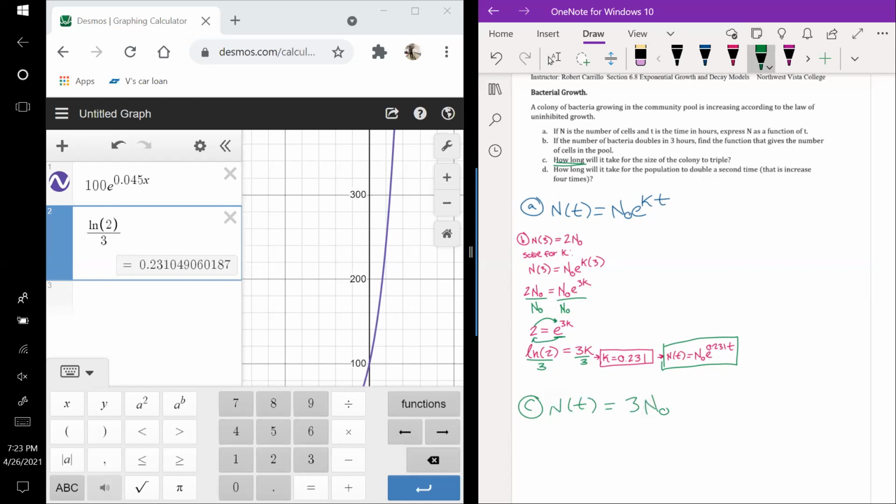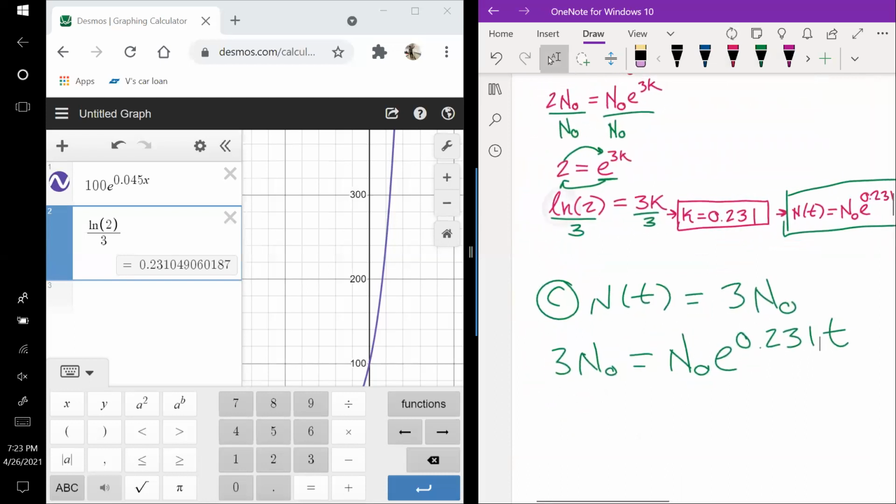And now all we have to do is take 3 N initial and replace N of t with that. So we will get 3 times N initial equal to N initial times e to the 0.231 t. And now everything's set up, so we will just solve for t.